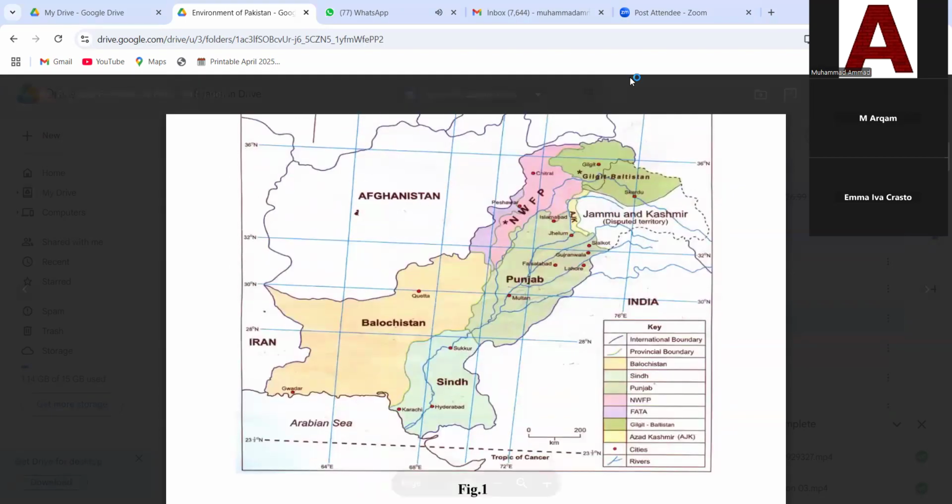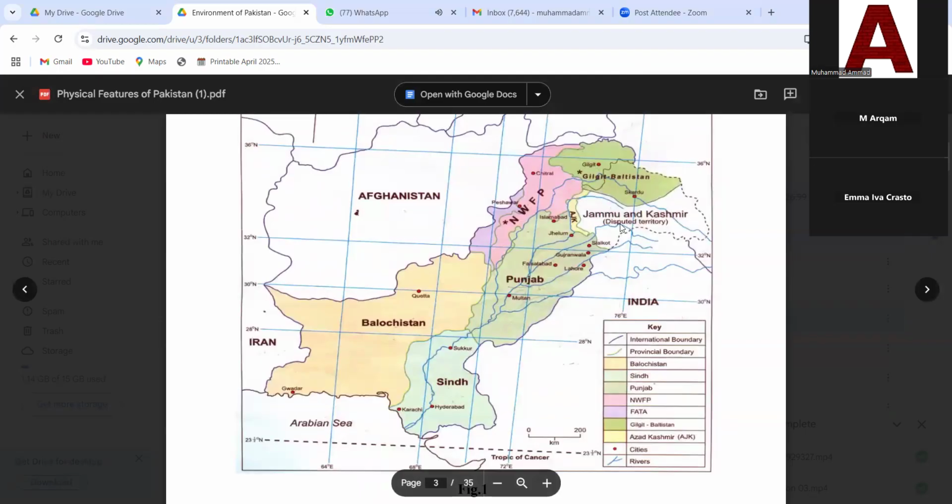If you look at this location here, you can see these lines. These horizontal lines are known as latitudes, okay? And these vertical lines, the ones that go up and down, they're known as longitudes.